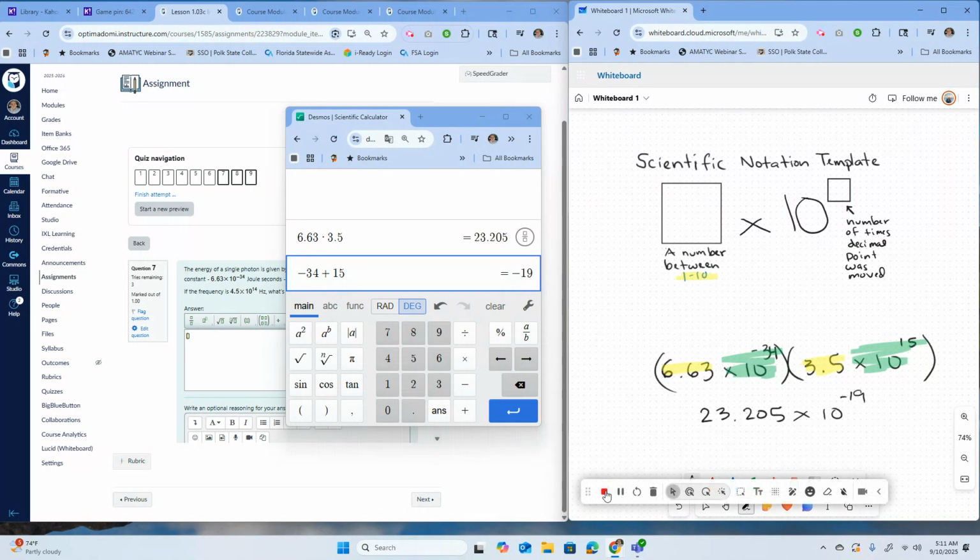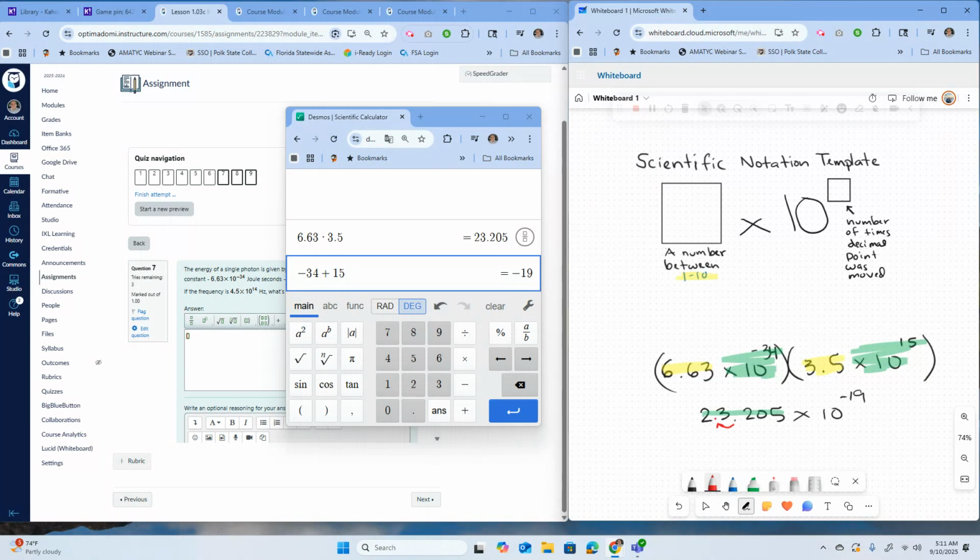However, remember that your final answer should be in scientific notation, but this number, 23.205, is not between 1 and 10. So I'm going to have to move the decimal point of this number, which is right here between the 3 and the 2. I'm going to move it 1 time to the left. You move it to the left when the number is bigger than 10.